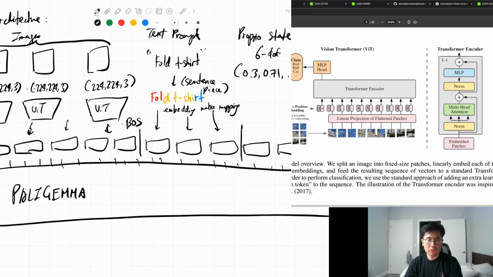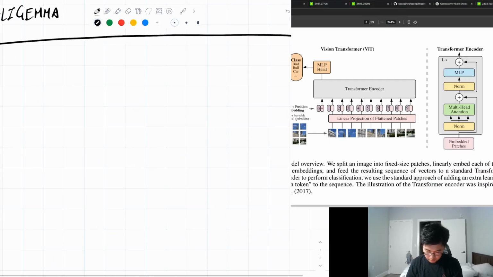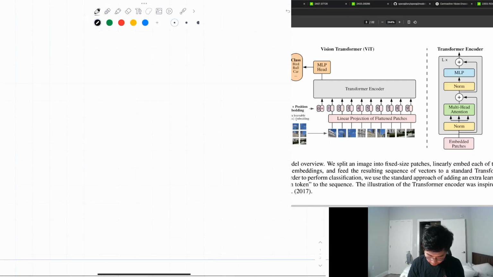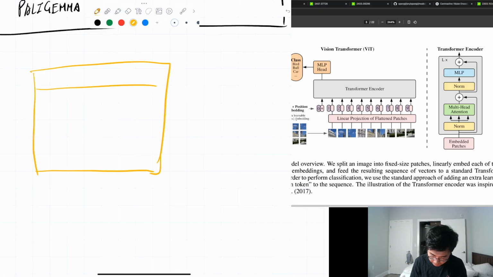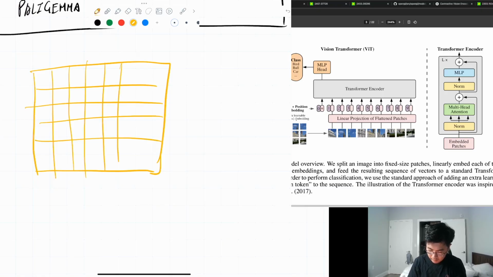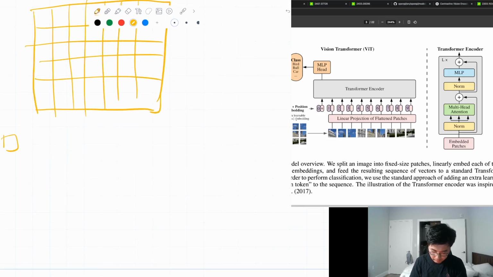You take your image, and you split it up into small patches, right? You have an image, and you chop it up into these patches. How big these patches are is a configuration that you can decide. And so for each of these smaller patches, what do they do?